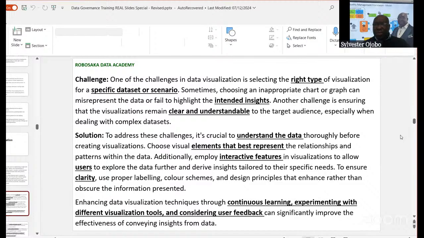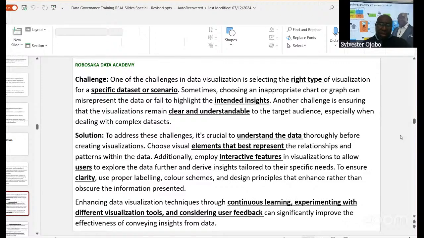Especially when you are enriching your data with different data sets to make it more useful to your clients, it's very important that you listen to them to ensure clarity.